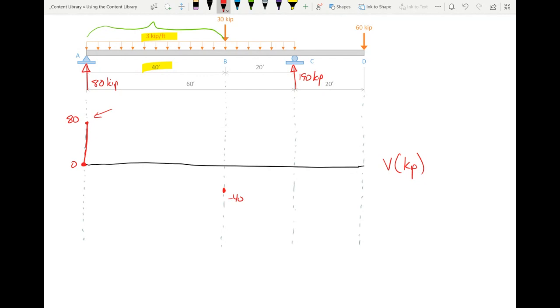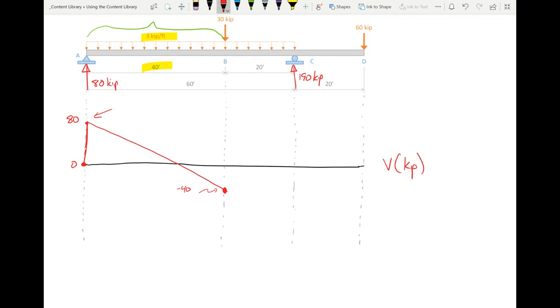Linear, constant load, linear shear diagram. So that'll look something like this. Let me see if I can draw this out without being too sloppy. That's going to be the shear diagram in this region, and this is -40.